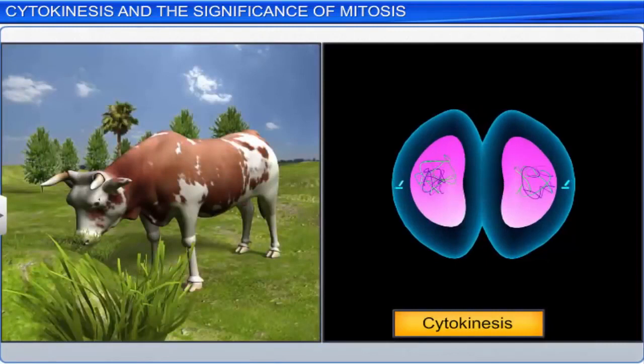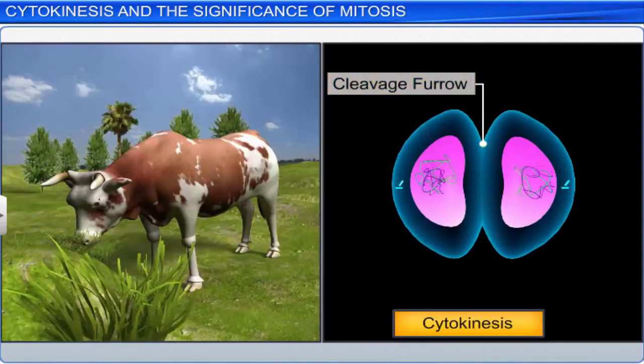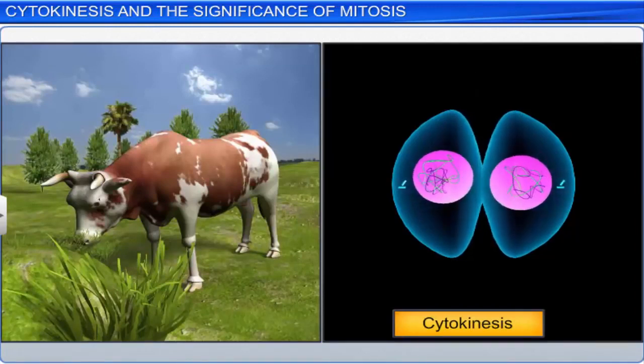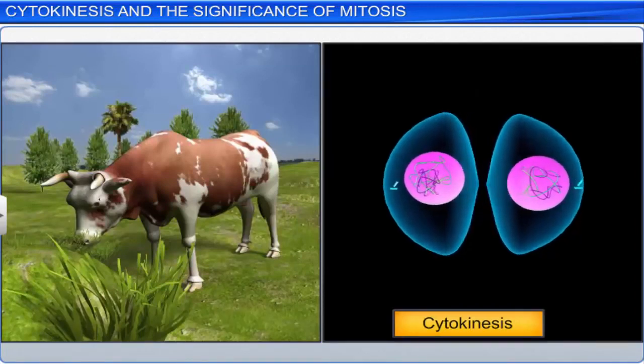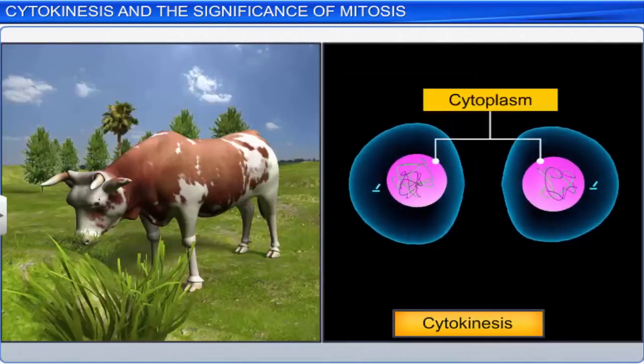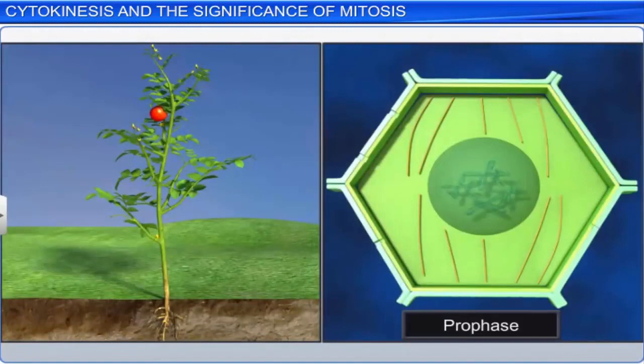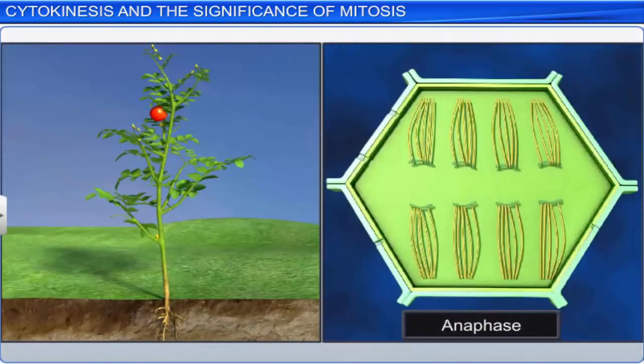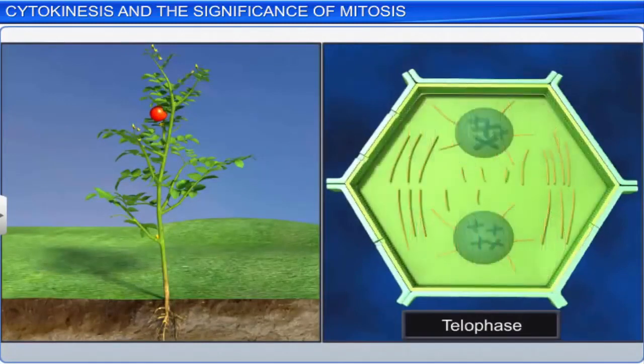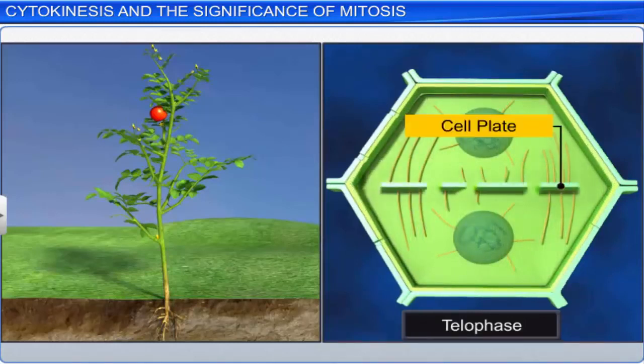In animals, cytokinesis is initiated by the formation of a furrow in the plasma membrane, which gradually deepens to join the center of the cell, dividing the cytoplasm into 2. Plant cells, on the other hand, have a relatively inextensible cell wall, and so cell division is initiated by the formation of a cell plate in the center of the cell.